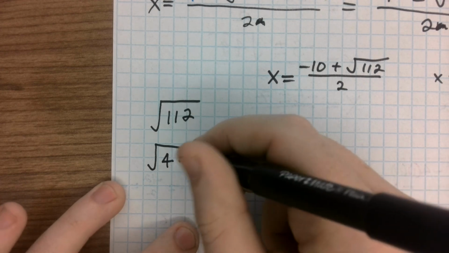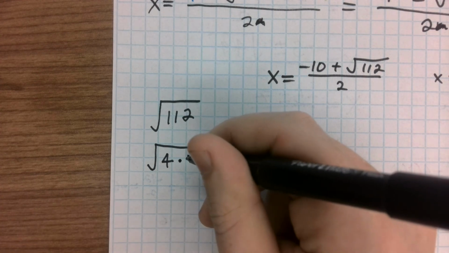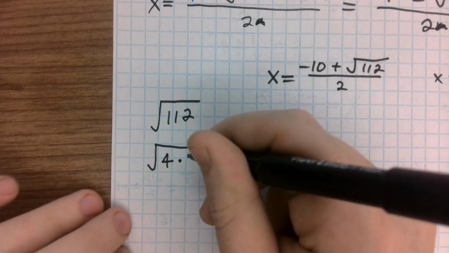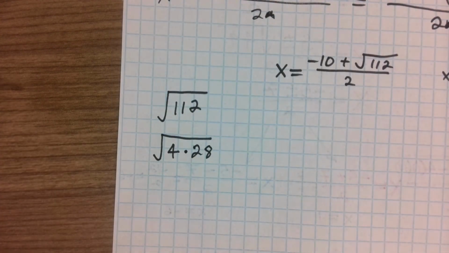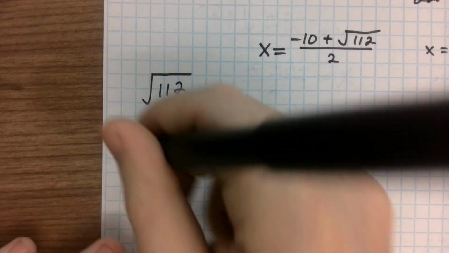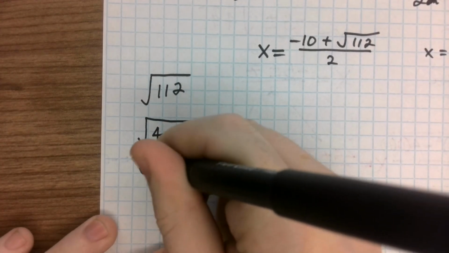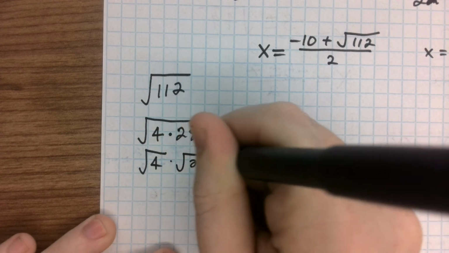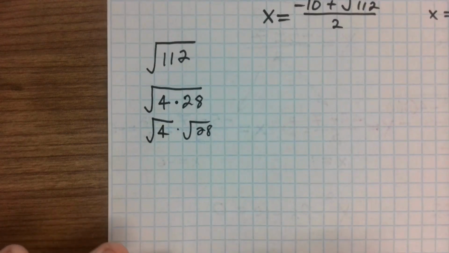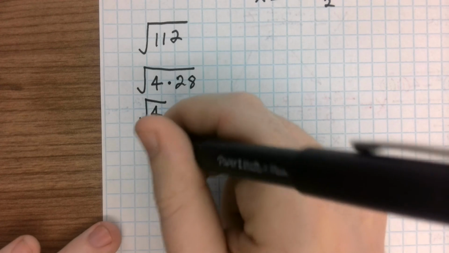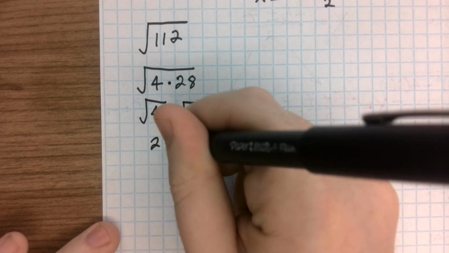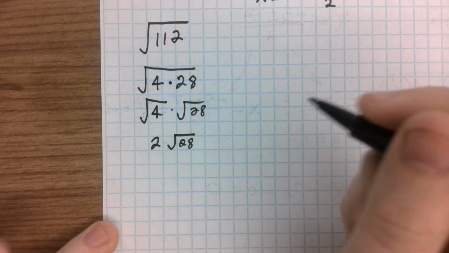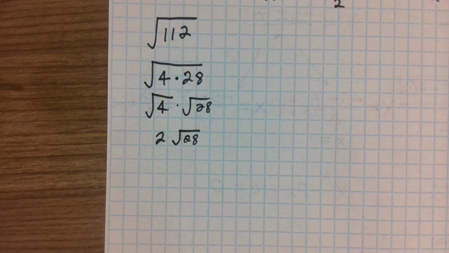Sorry, I got that incorrect. 4 times 20. No, it is 28. I apologize. 112 is 4 times 28. So we could just split up into the square root of 4 times the square root of 28. Square root of 4 can be definitely simplified. Square root of 4 is just going to be 2. So you could write it as 2 times the square root of 28.